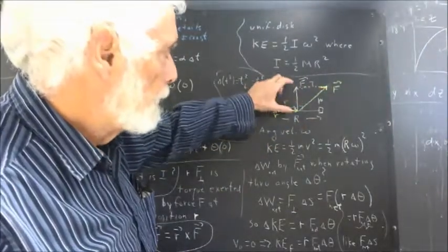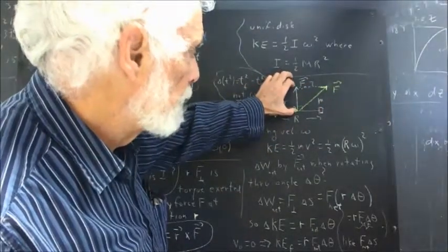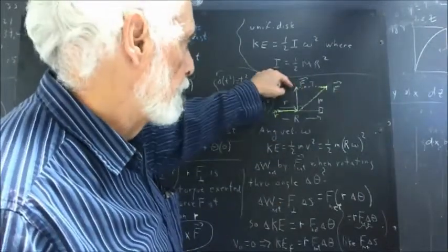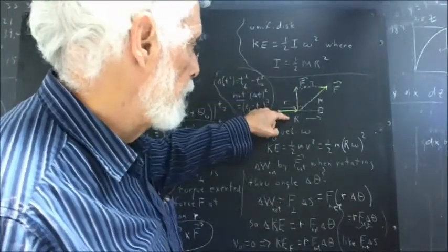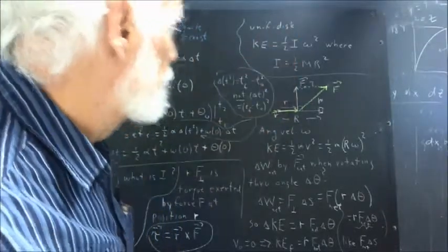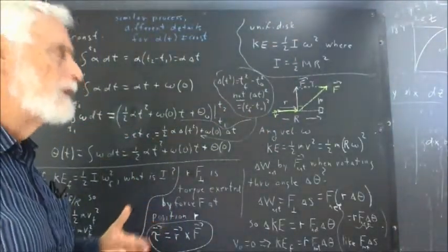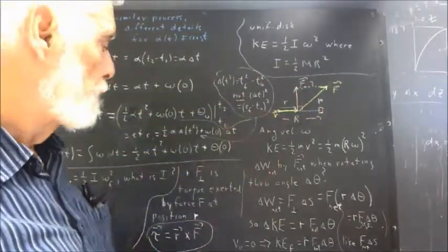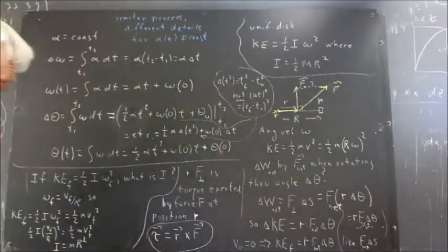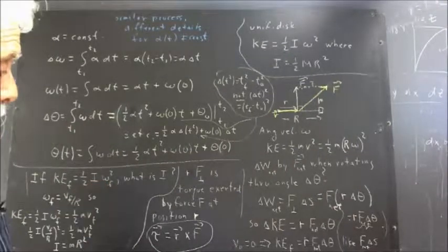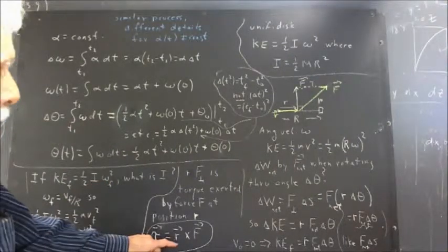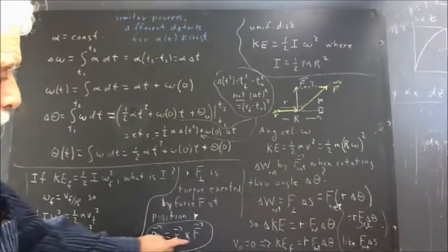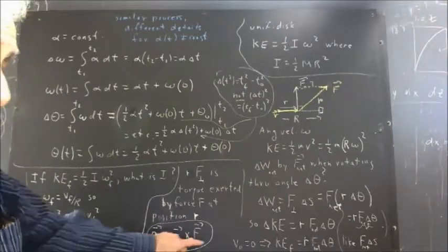The perpendicular component of this force vector is equal to the F net that we talked about before. So it would be the perpendicular component of this F vector and the R vector that would determine how much velocity is attained as we rotate through a given angle. Okay? And we express that as tau equals the R vector cross the F vector. Now we'll talk more about what that means, but that's our definition of torque.